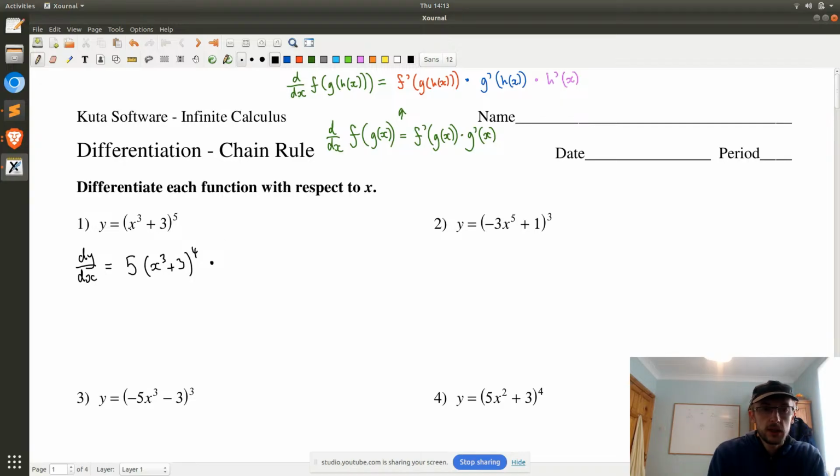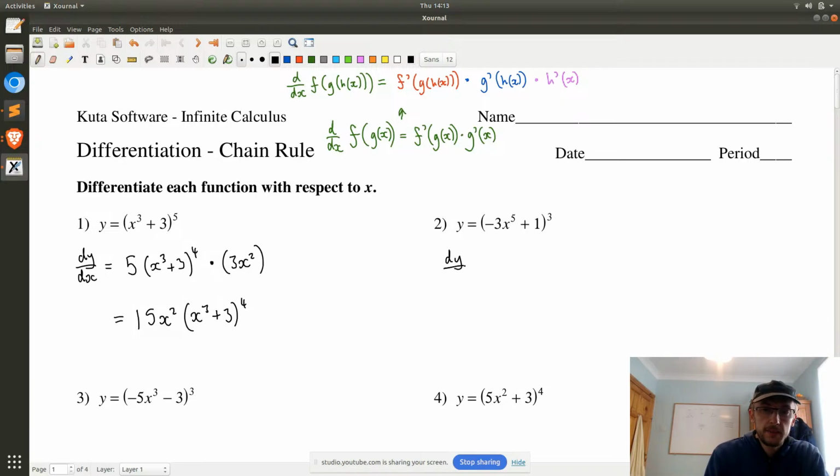When I differentiate x cubed plus 3, the constant term disappears, and x cubed turns into 3x squared. And then clean it up a little bit. So when I do that, I'll get 15x squared times (x cubed plus 3) to the 4. And that's good.